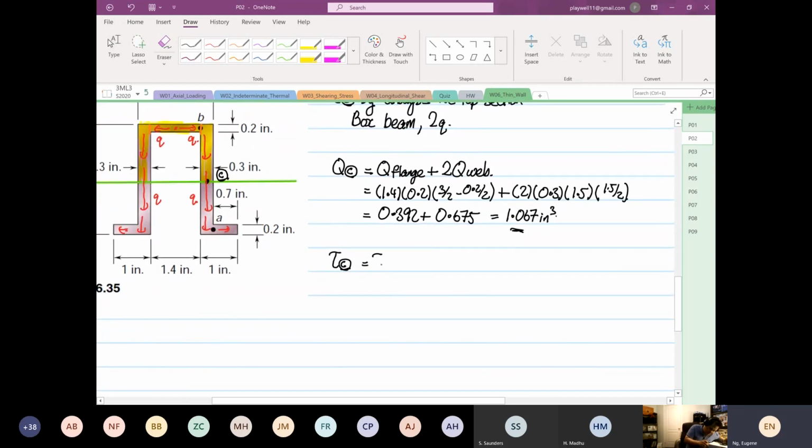Right. So we know that this will also be equal to what? Our tau max. So we have Vy over Izz multiplied by 1.067 and then divide by the thickness, which is 0.3, and then you have to multiply by 2 because it's what? Box beam.